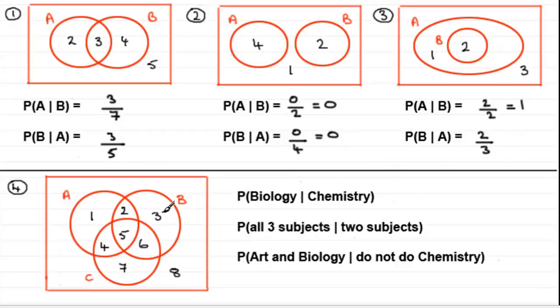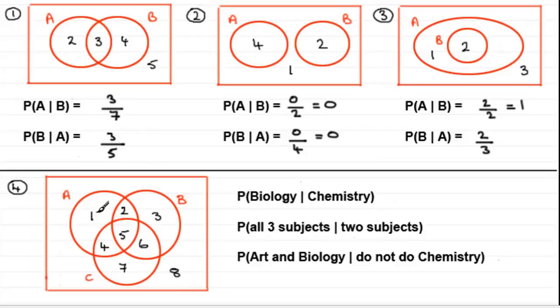Okay, now we'll come on to number 4. In this one, we've got, say, 3 subjects. A for art, B for biology, and let's say C for chemistry. And I've got all the numbers here of different numbers of people doing various subjects, okay? Just quickly run through some of these.